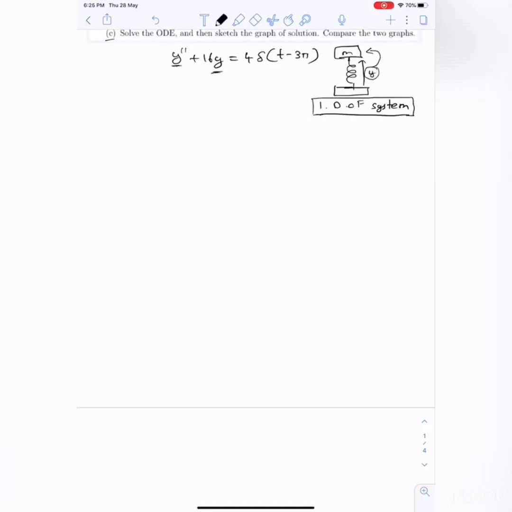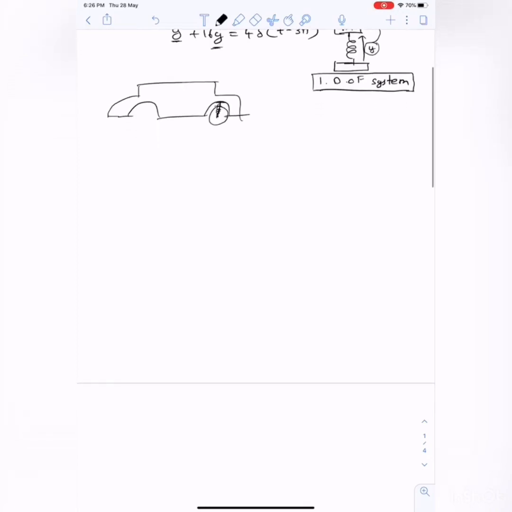Say you have a car. As you know, the wheel is connected to the chassis of the car by a spring.